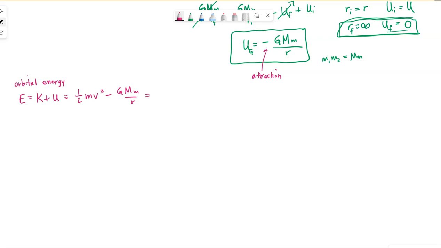For anything in orbit, or even assuming no air resistance, no drag, we can say that this mechanical energy needs to be constant.